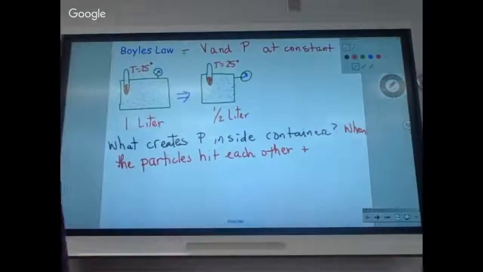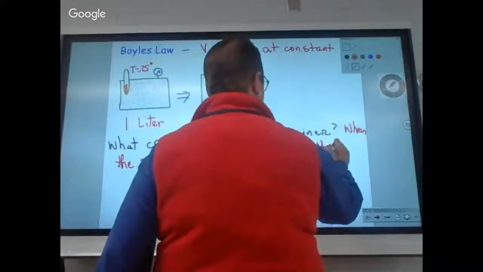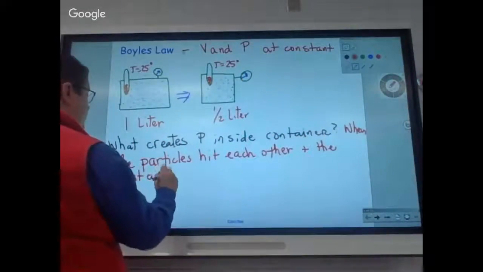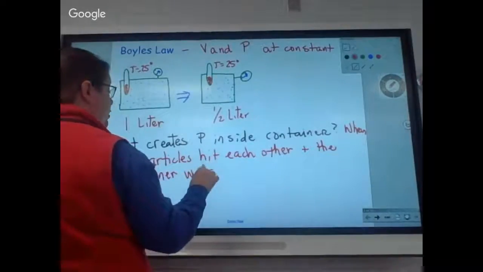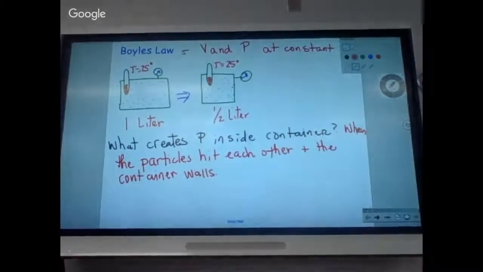What do they hit besides each other? The container walls. I need you to be more specific. Okay, so pressure is created when the particles hit each other and the container walls. Does that make sense?